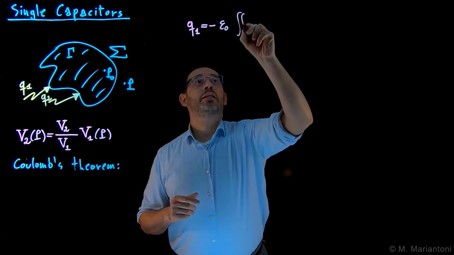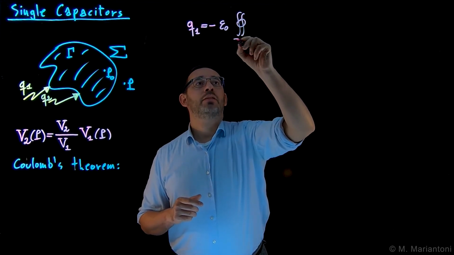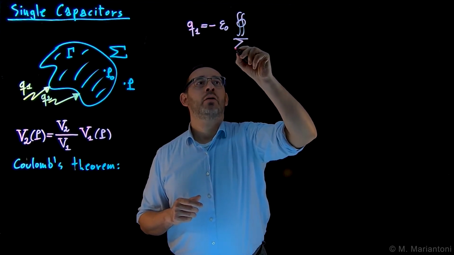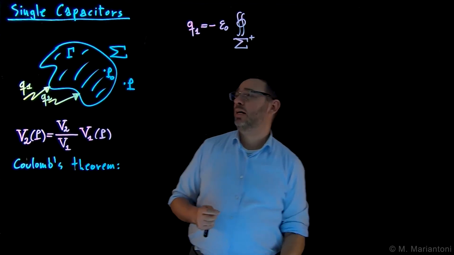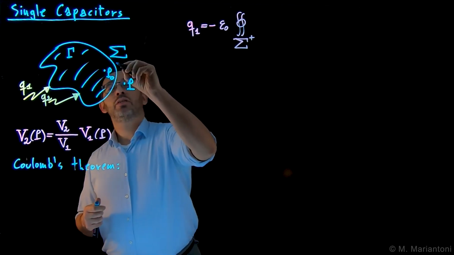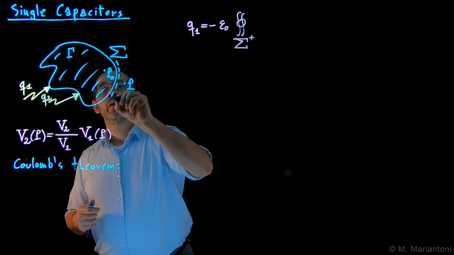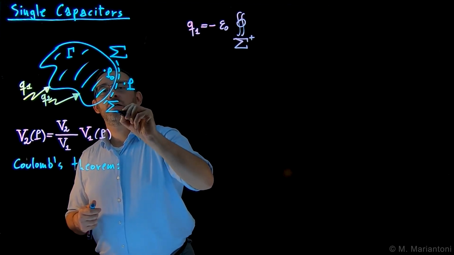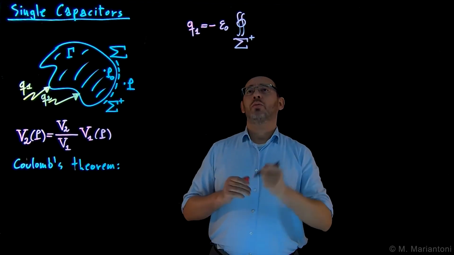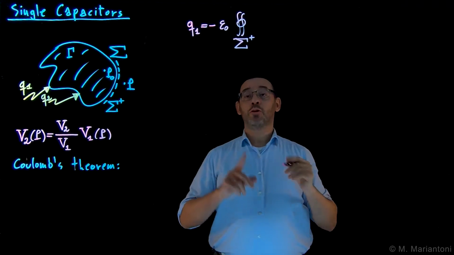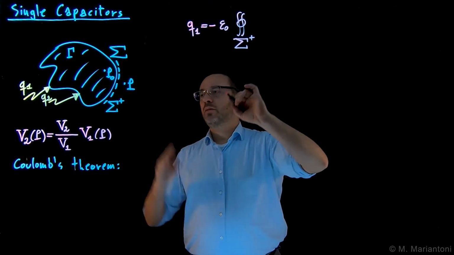Then we need to do the limiting surface integral on the surface capital sigma plus, where I remind you the capital sigma plus is the surface approaching capital sigma from the outside. So it's this outer skin here. This is capital sigma plus in Coulomb's theorem. So this has to be intended as a limit, of course, very important. The limit is not right on the surface.